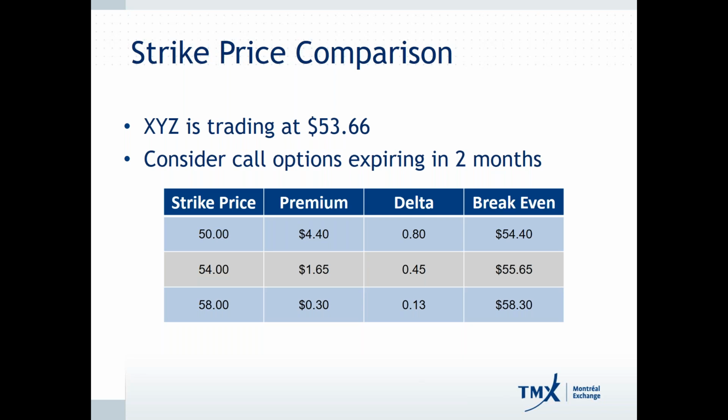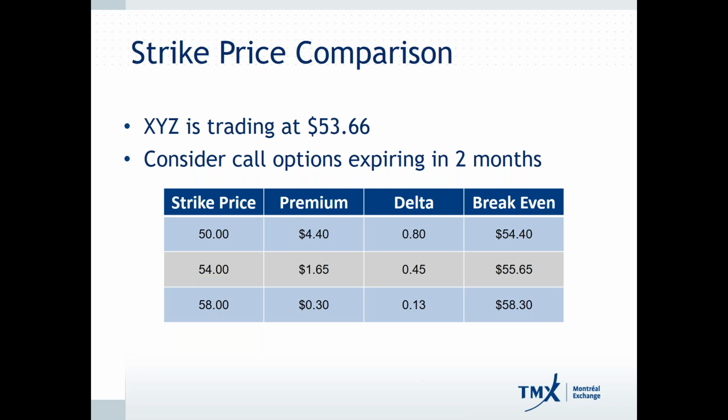So you want to think that the delta of the actual physical shares of XYZ is 1. And so when the first option has a delta of 80 cents, what you're basically saying is that this option right now is moving 80 cents on the dollar. So if that XYZ stock went from 53.66 to 54.66, that option would increase by about 80 cents in value.